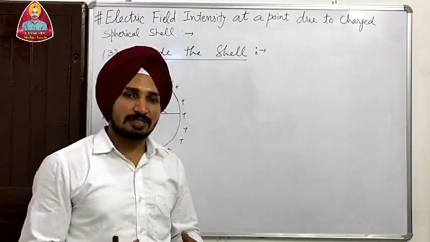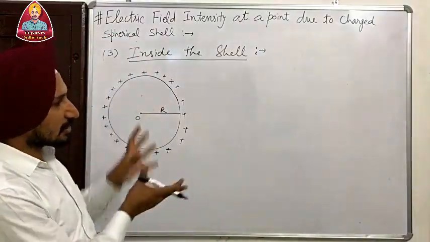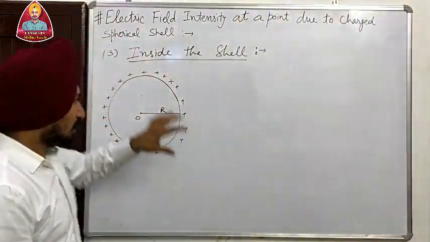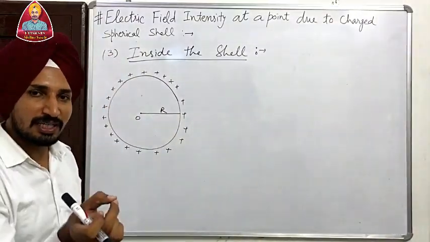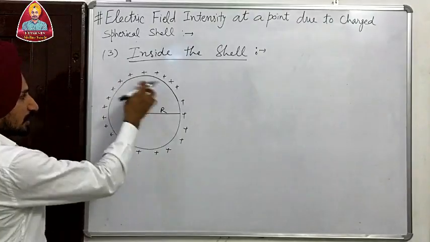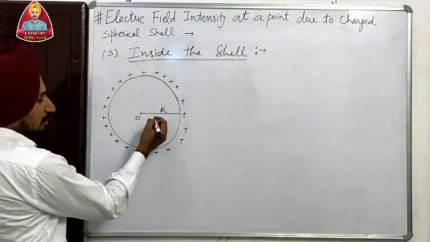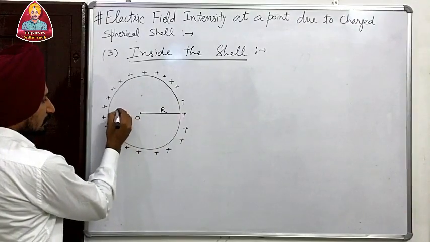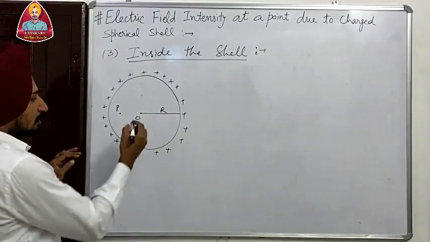Now in the third case, we will find the electric field intensity at a point inside the spherical shell. This is our spherical shell of radius capital R. We have to find the electric field intensity at a point inside the spherical shell, anywhere inside. Let us consider the point P is here, which is inside the spherical shell.